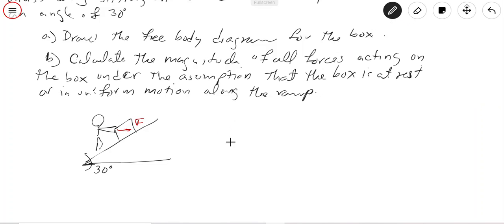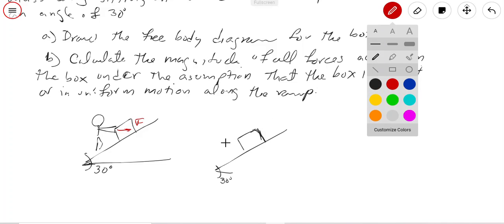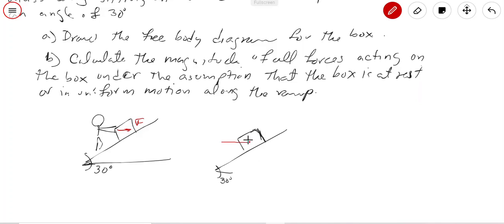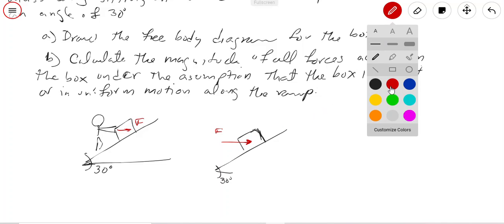I'm going to represent here the box on the inclined plane. So what forces do we have here? We have the force F that points in this direction here. We have the weight that points vertically downward.